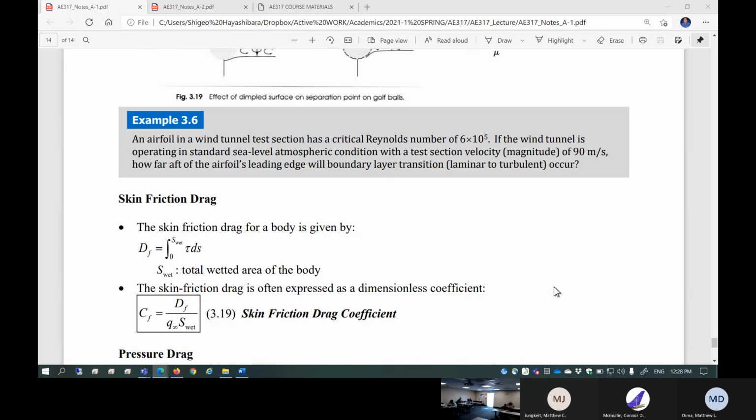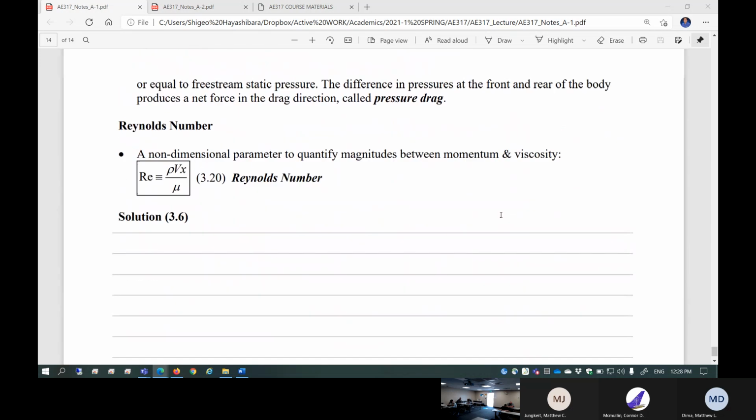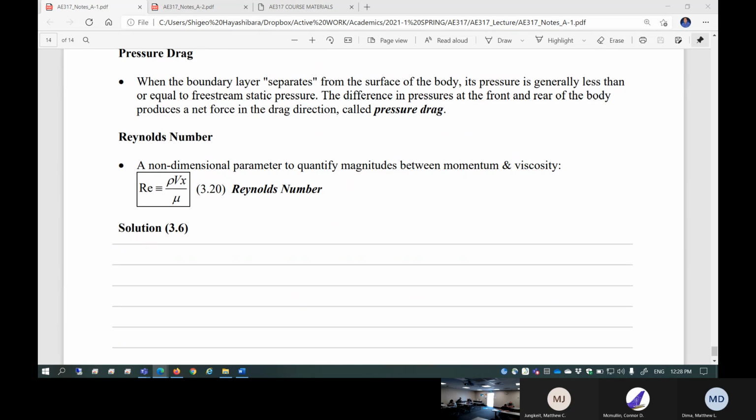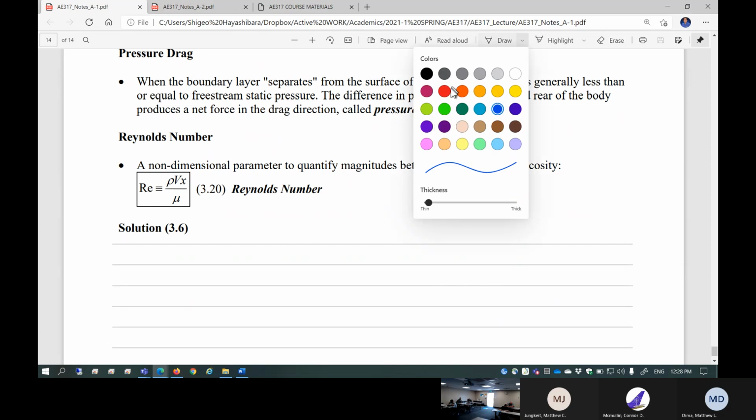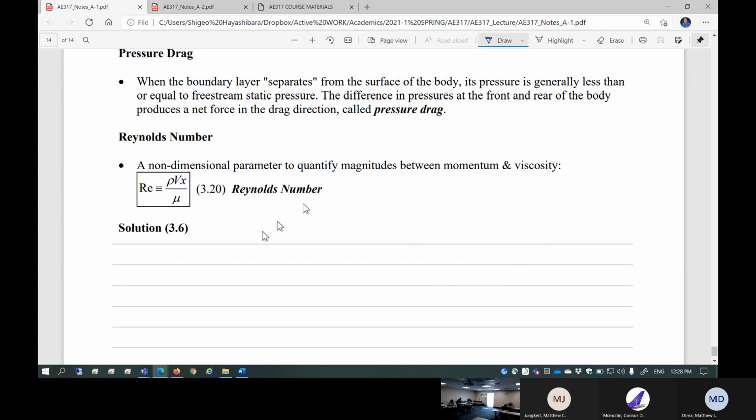If the wind tunnel is operating at standard sea level atmospheric conditions with a test section velocity of 90 meters per second, how far aft of the airfoil's leading edge will boundary layer transition from laminar to turbulent occur? Based on the critical Reynolds number, let's just predict the transition point. This is easy.